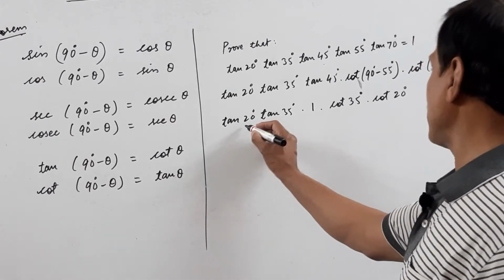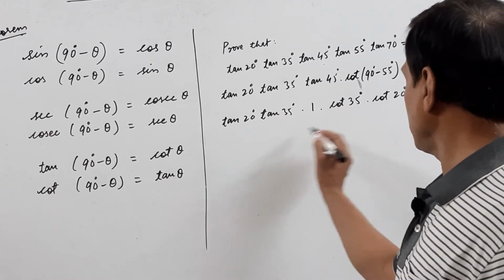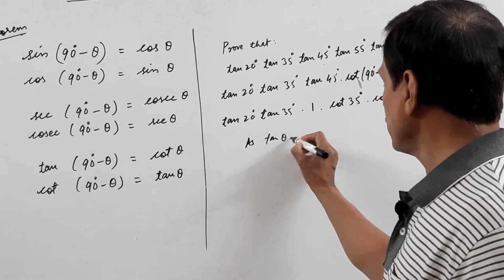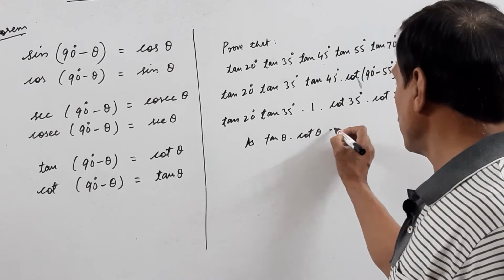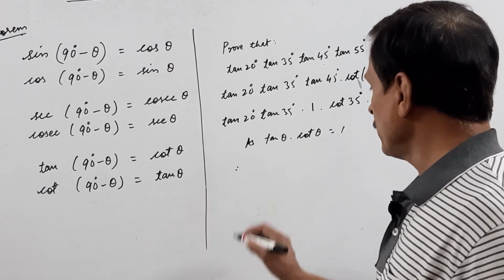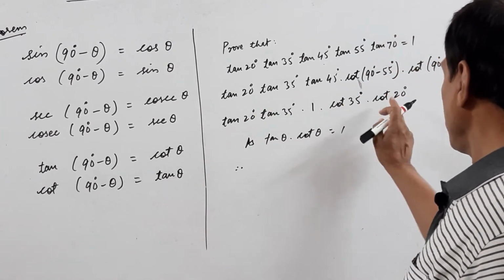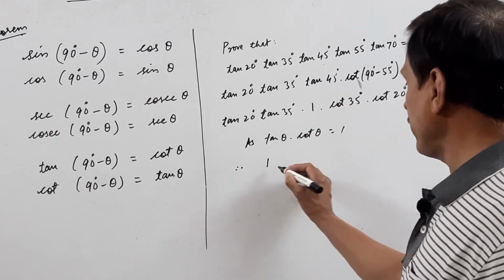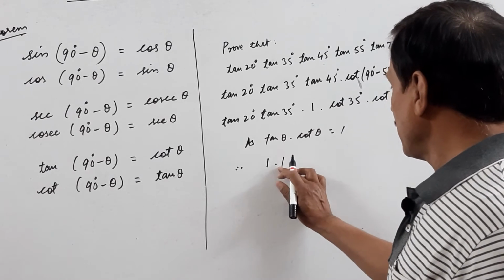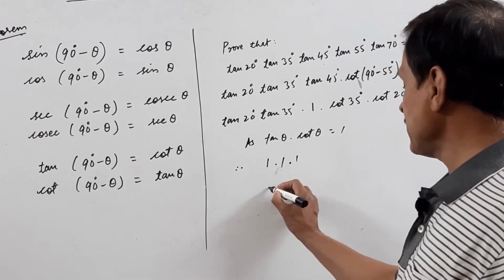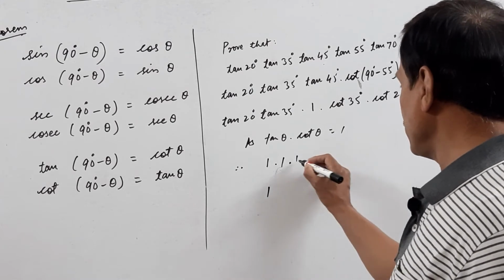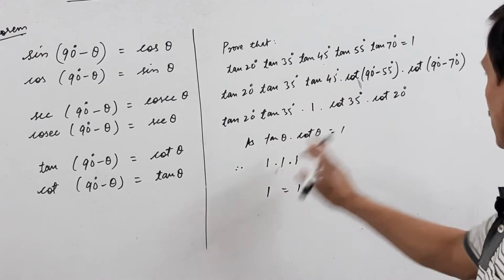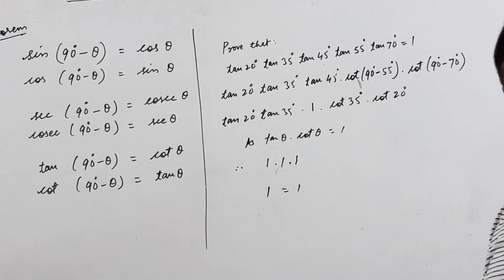Now tan 20 multiplied by cot 20 is equal to 1 as tan theta times cot theta is equal to 1. Therefore tan 20 into cot 20 is equal to 1. Tan 35 into cot 35 multiplied by 1 and 1, that is 1. So LHS is equal to 1, RHS is also 1, hence proved.